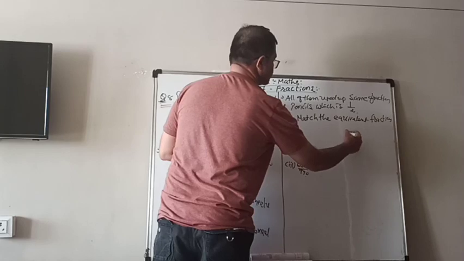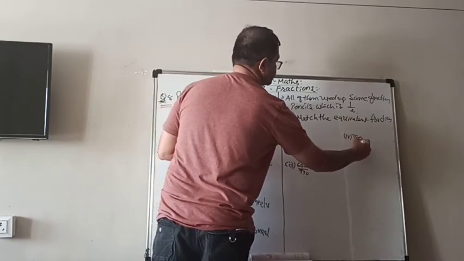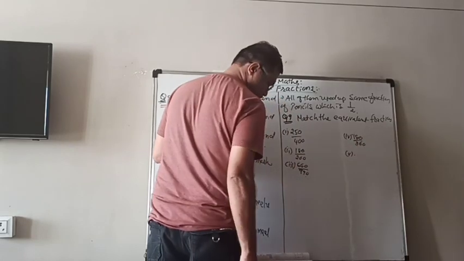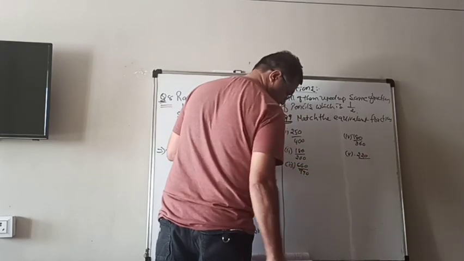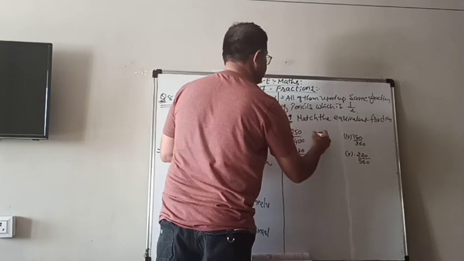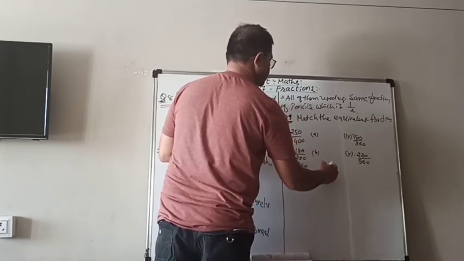Fourth is 180 upon 360. And fifth is 220 upon 550.